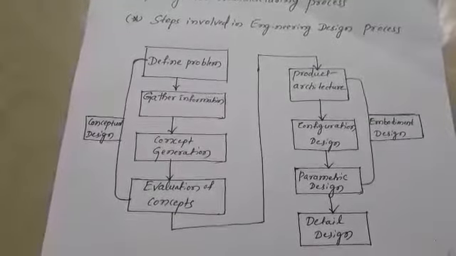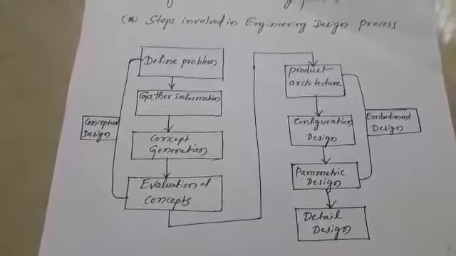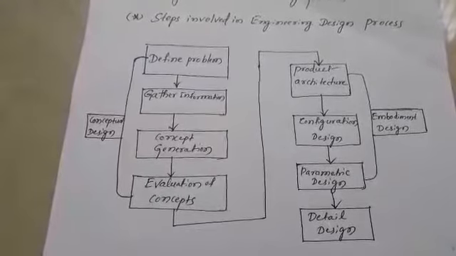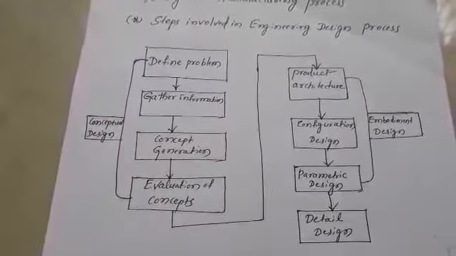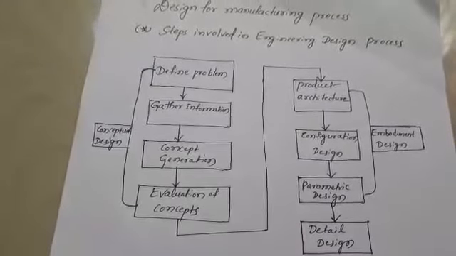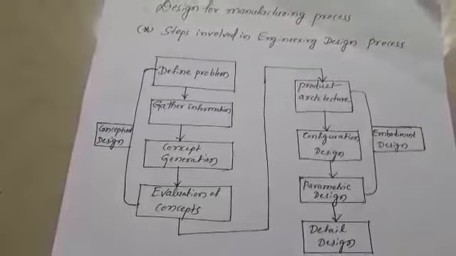And the last step is detailed design. In this phase, the design is brought to a state where it has the complete engineering description of a tested and producible product.